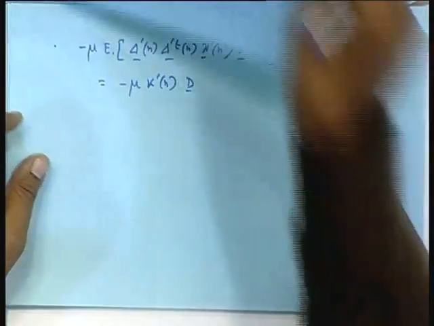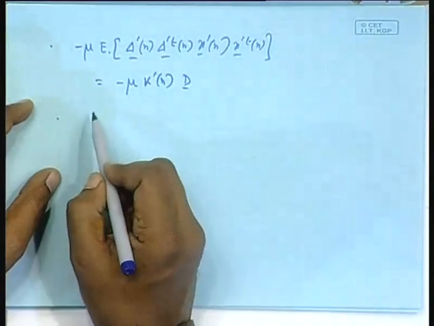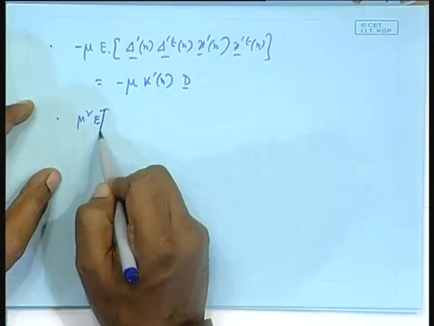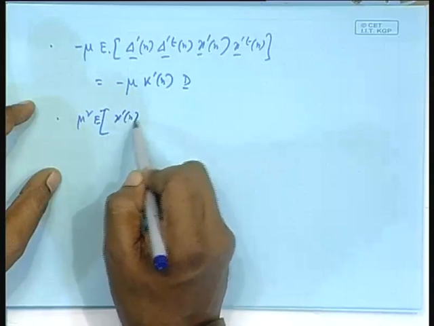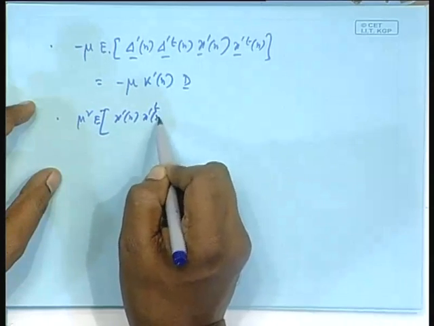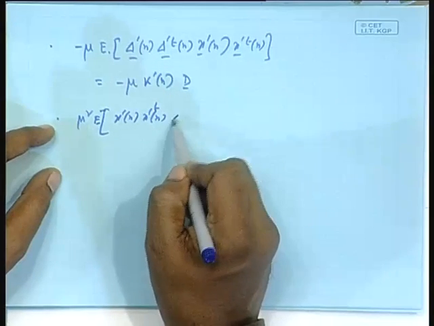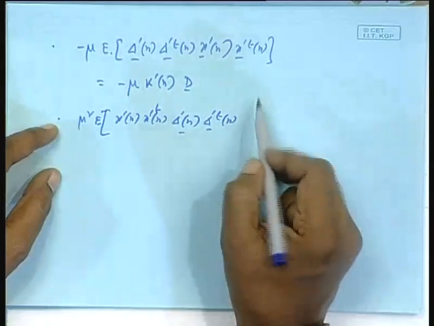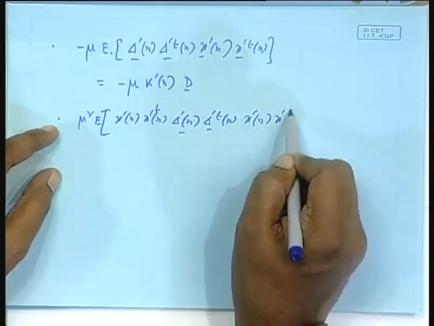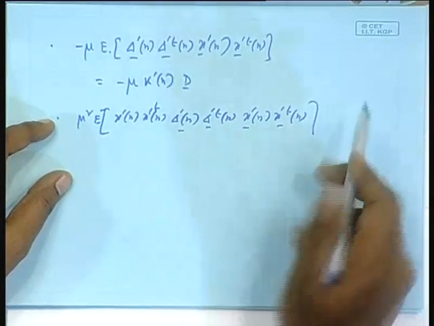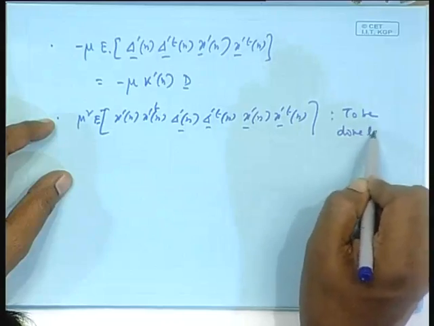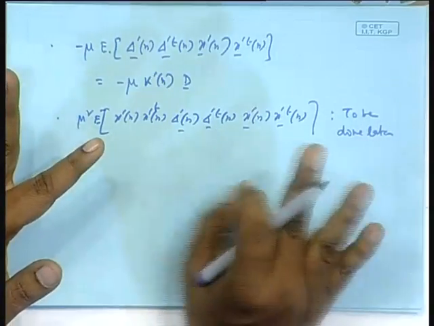I am writing it: plus mu square E of x prime transpose delta prime(n) delta prime transpose(n), but again x prime(n) x prime transpose comes back. It is not difficult to remember, only it requires too much space to be written. This quantity is to be done later. I will do it separately. It needs some other steps.